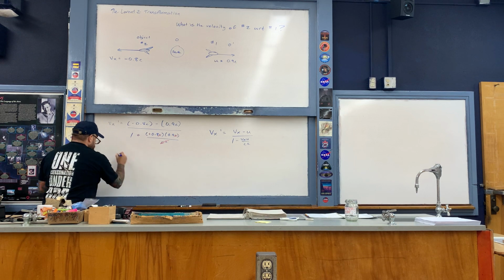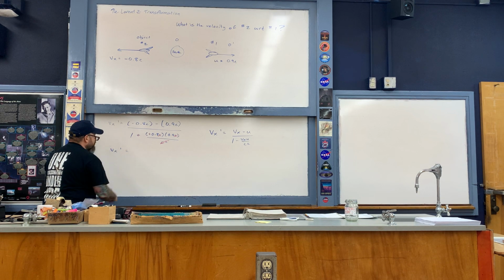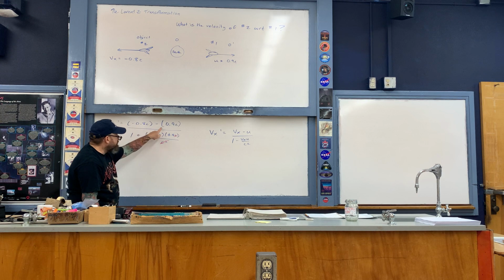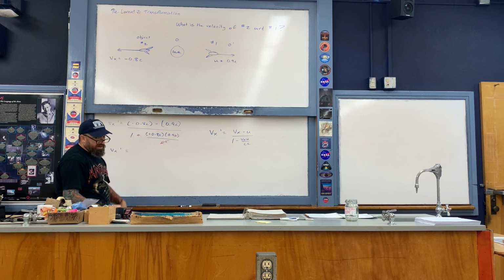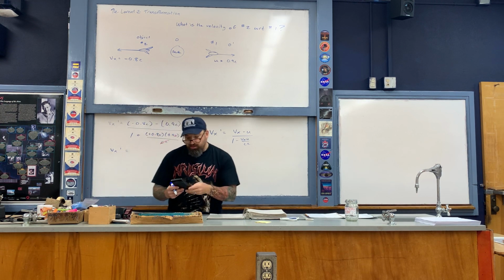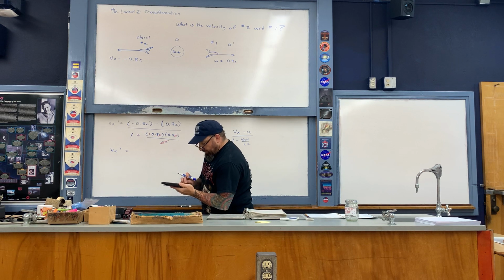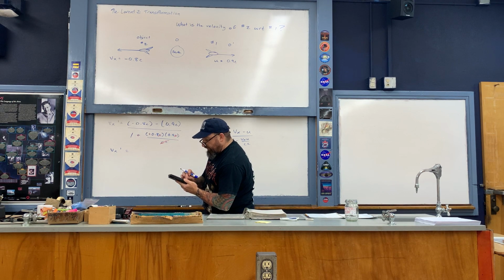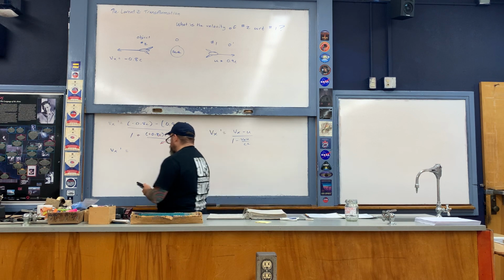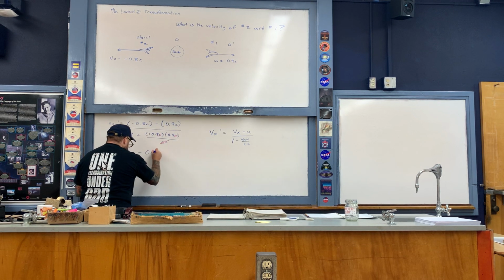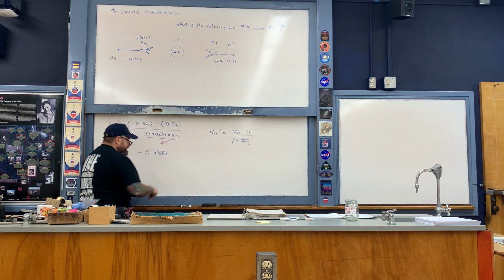In the numerator I'm still going to have negative 1.7c, but divided by the numbers in the denominator. So let me calculate this out: negative 1.7 divided by parentheses 1 plus 0.8 times 0.9. After all of that, it ends up being about negative 0.988c.